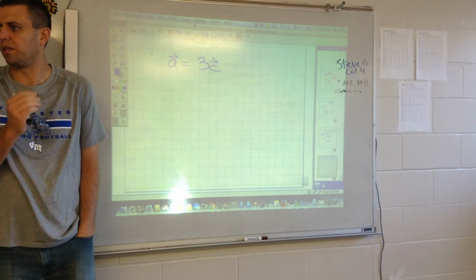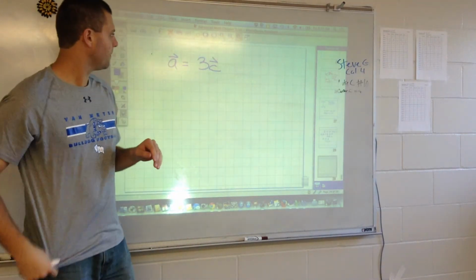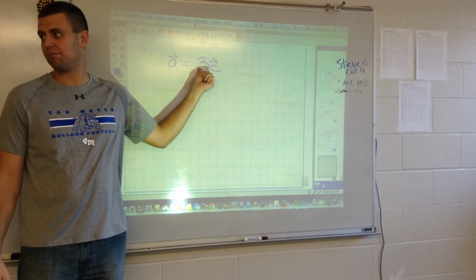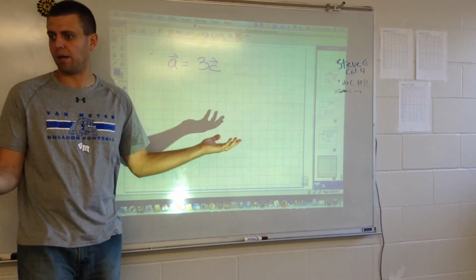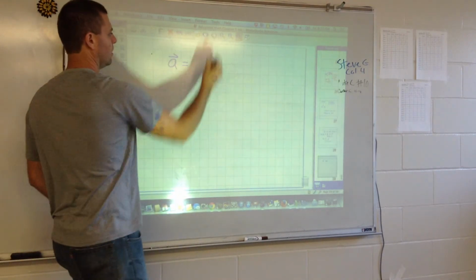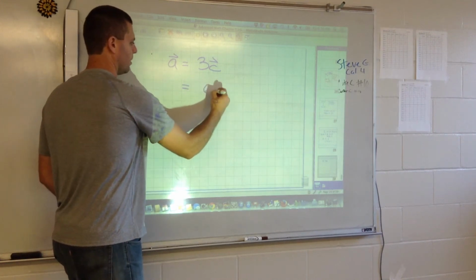The resultant would be like adding C plus C plus C. Or instead of adding it 3 times, you can take it and multiply it by 3. I can't remember what C was, 2, 7. So what would 3 times C be? 6, 21.